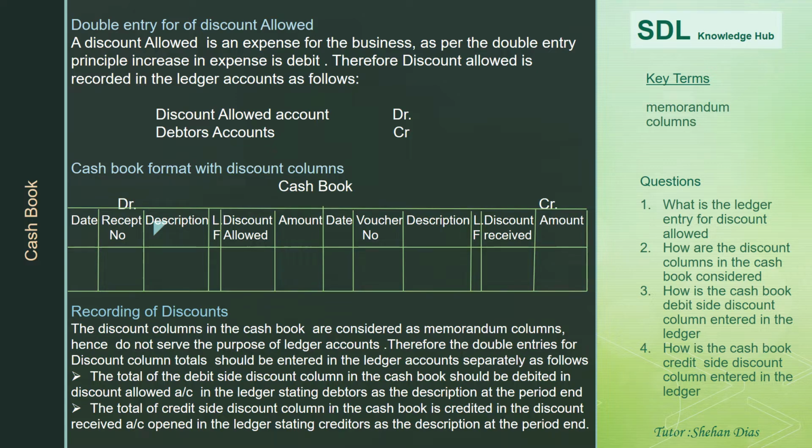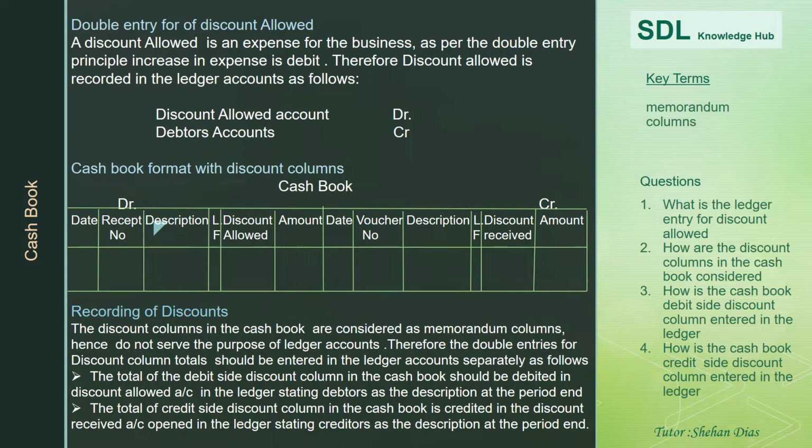So if discounts are there, the cash book format would slightly change to include the discounts. On the debit side, you have a column called discount allowed, and on the credit side, you have a column called discount received.